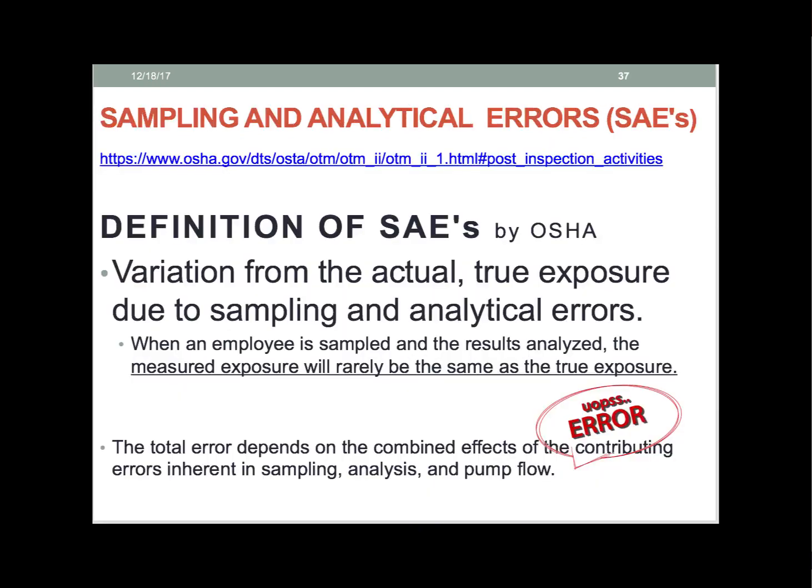In our next lecture, we're going to look at our standard analytical errors, which are errors that are introduced from the laboratory themselves. The laboratory isn't exactly always accurate, and we can use these standard analytical errors to put confidence intervals on our time-weighted average, and then use that as a comparison to be certain if somebody's within or outside of compliance.